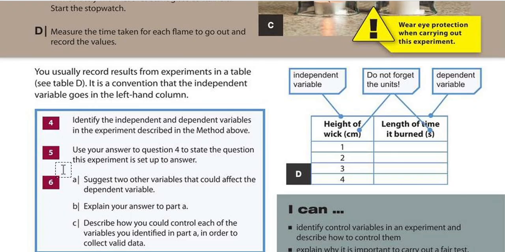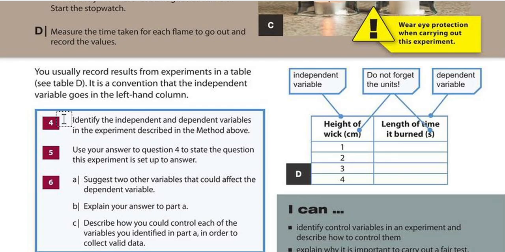Okay, right. So in question 5, they are asking you to use your answer to question 4 to state the question this experiment is set up to answer. It's like asking what it's supposed to do, what you are supposed to find out.